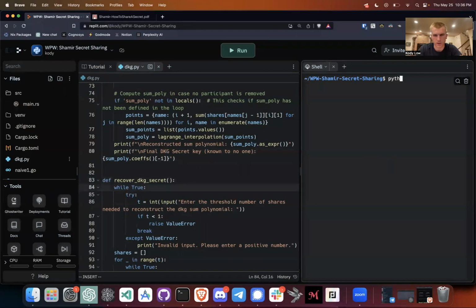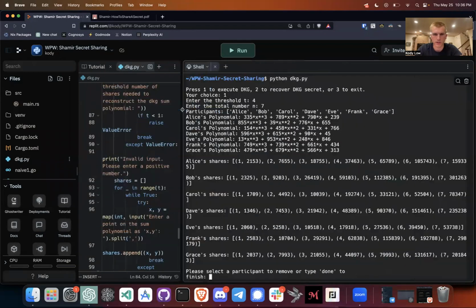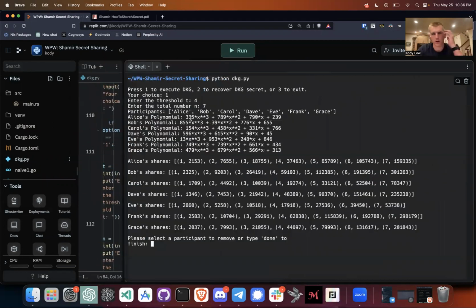So I'm going to do Python dkg.py, and I'm going to execute a DKG. The threshold is going to be 4 of, let's do 7, right? So the participants in this DKG are Alice, Bob, Carol, Dave, Eve, Frank, and Grace.